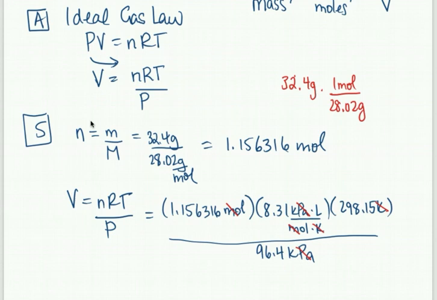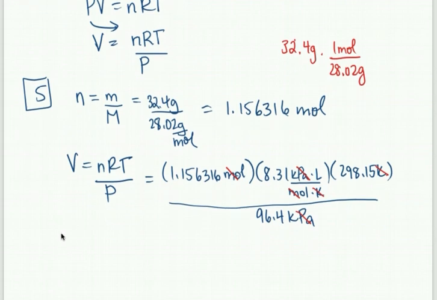So we're going to multiply the amount by the gas constant times the temperature, and then divide by 96.4. Now we have a volume for nitrogen, 29.719.